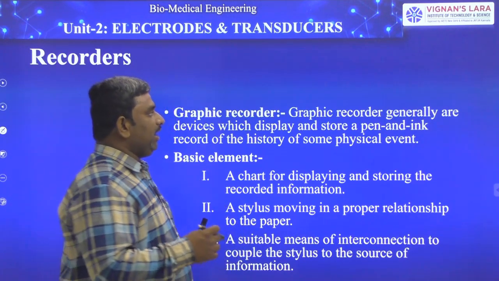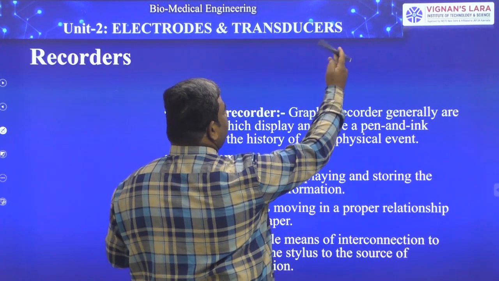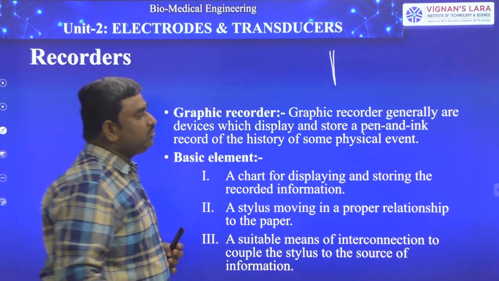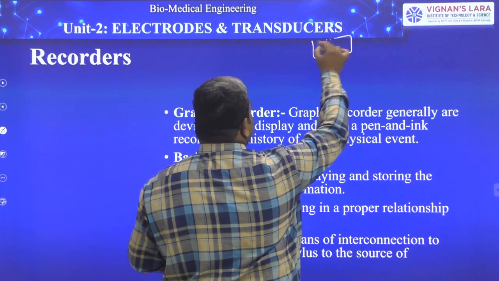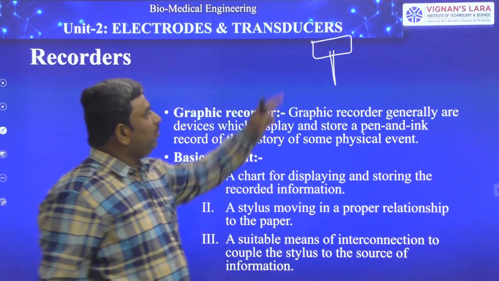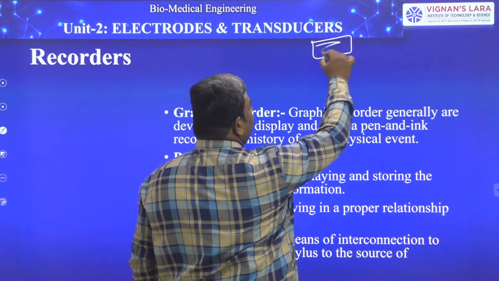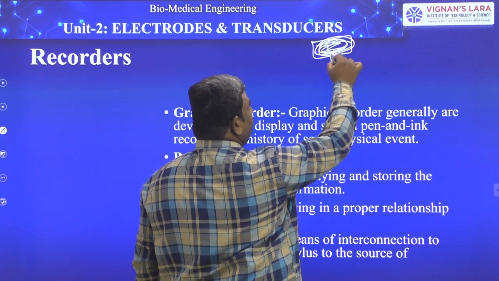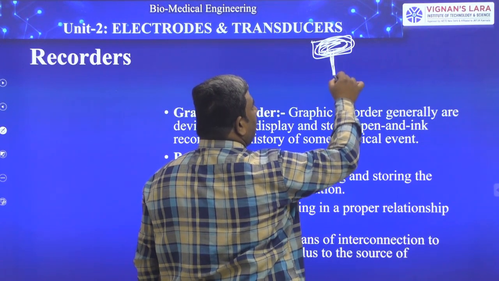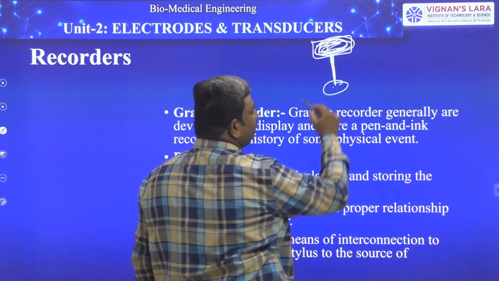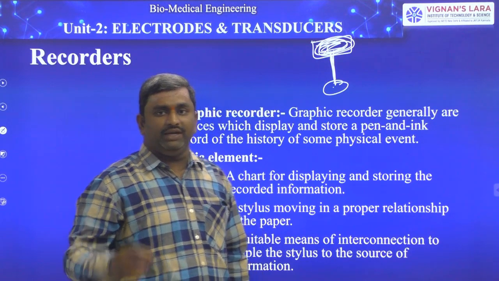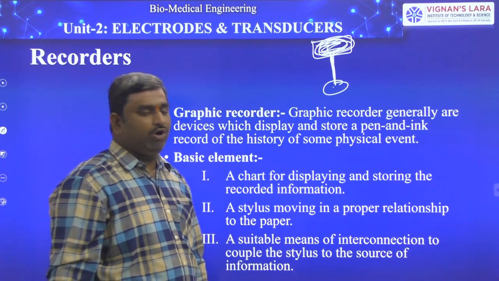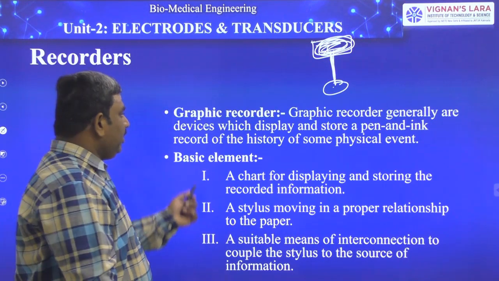The pen seems to be like this, with a separate ink bottle on the top side, filled with a lot of ink. At the pointer of this pen, it is ready to release that ink and it will record on a paper. That is the basic operation of the graphic recorder.